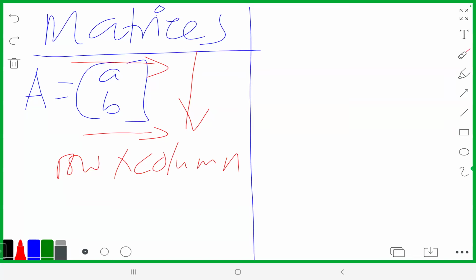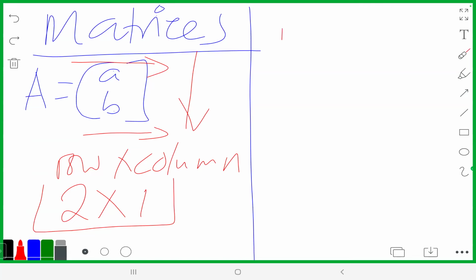The lines going to the right, horizontal ones. 2. Okay, thank you. So there are 2 rows. How many columns? Okay, we just have only 1 column. So the name of this matrix is a 2 by 1 matrix. Is that clear?